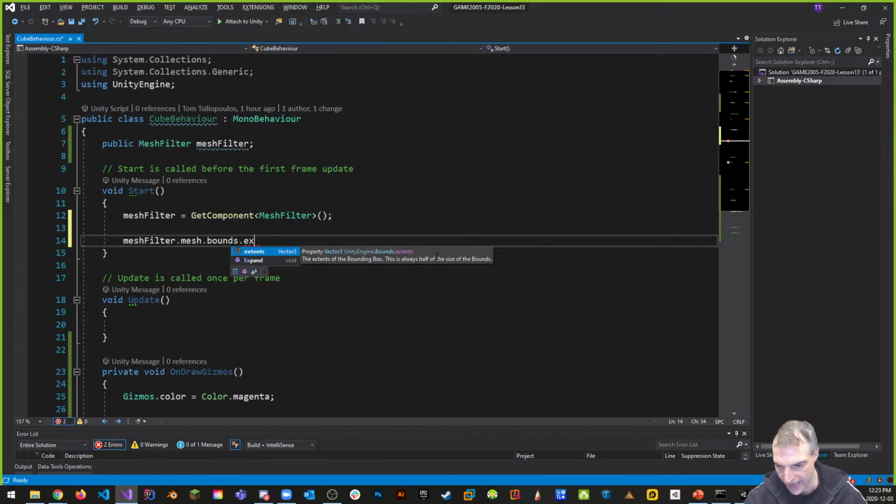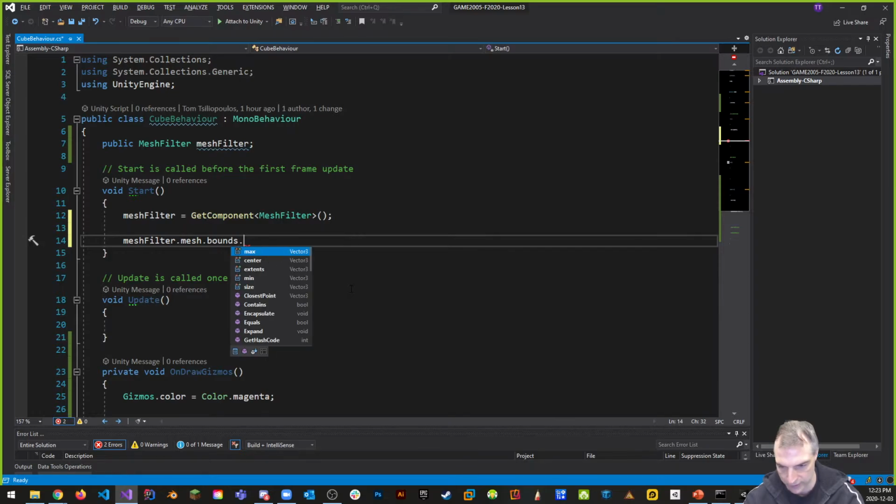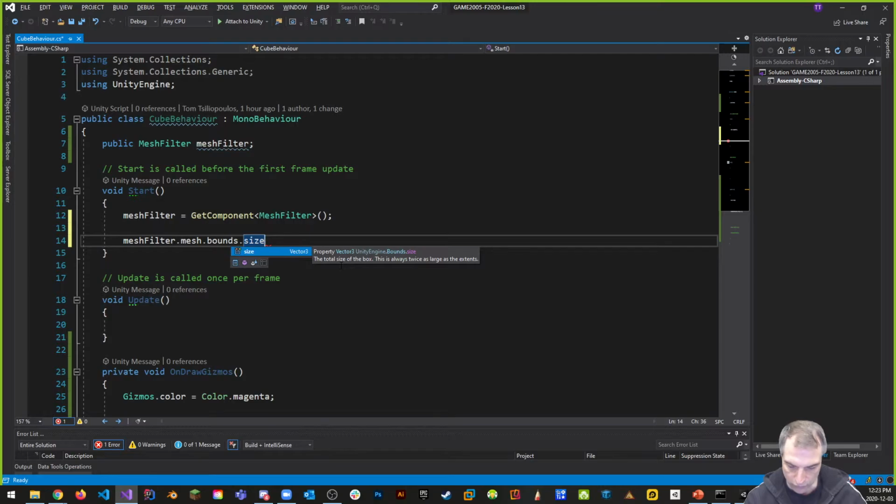This is always half of the size of the bounds, which is kind of interesting. So this is the kind of information that we get from this thing. We also have something called size. The total size of the box. This is always twice as large as the extents, all right? Which is also a Vector3. I would guess that this Vector3 for size is going to be something like an object that is 1, 1, 1. That would be the size.